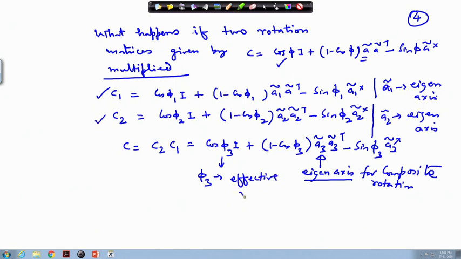This is the effective rotation about A 3 tilde. However, proving this is very strenuous and the mathematics is very long. So, rather we will put this as a tutorial problem, and here I will give you the final result.